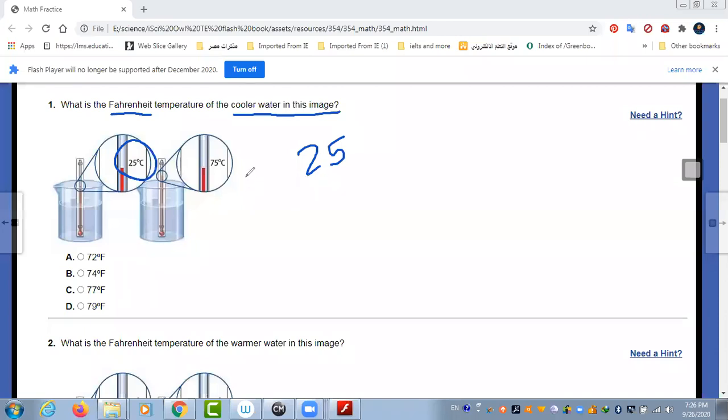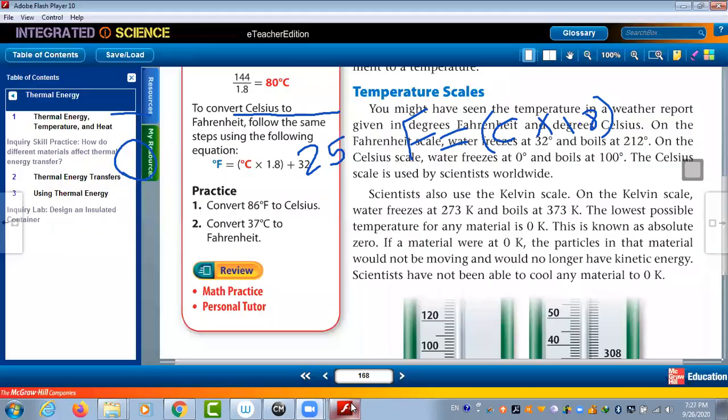Fahrenheit equals Celsius times 1.8 plus 32. You have to revise your laws.